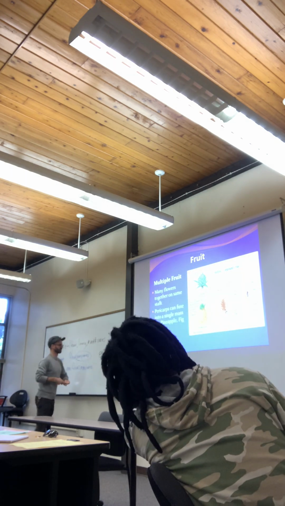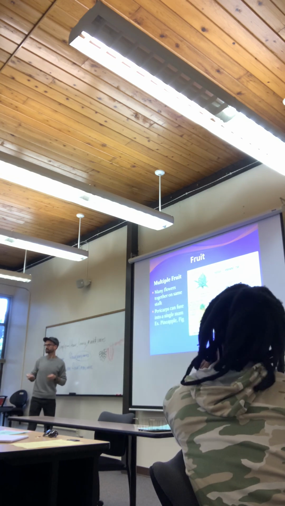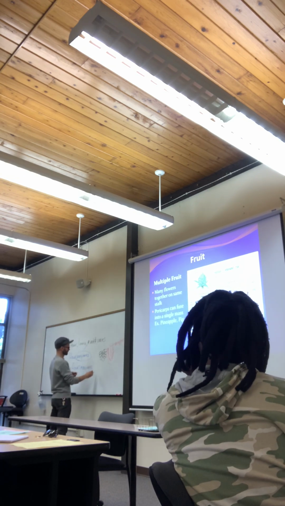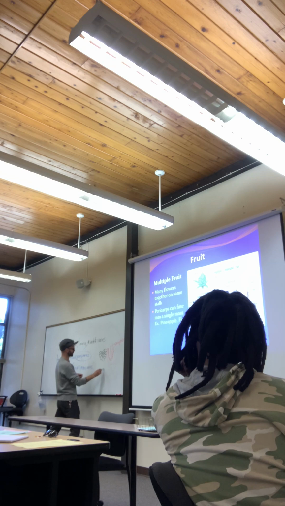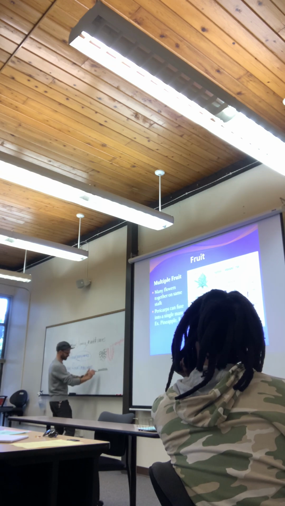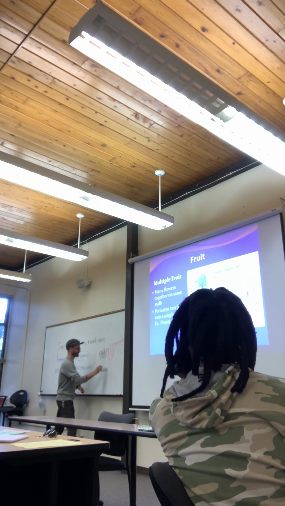Another example of that phenomenon is sweet corn. I'm going to try to draw it now. So lots of individual kernels on the cob. Stay with me. This is just one level of what you can see. Each kernel is connected by a silk to the outside.